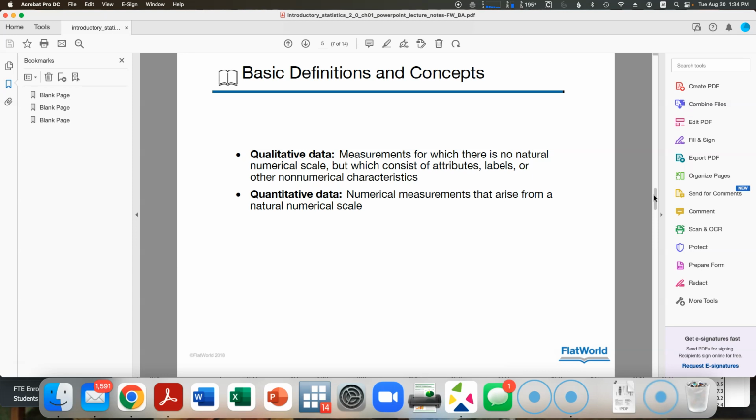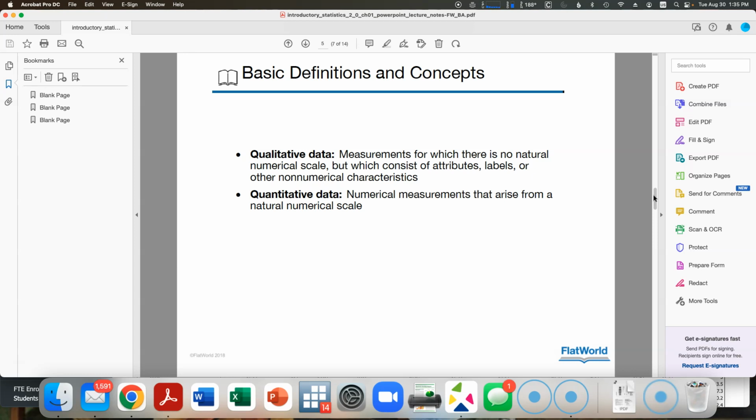Now, when we talk about data, the data itself does not need to be numerical. So, for instance, if we go back to our automobile example, what we could say is we would also perhaps have data about like what's the color, who made the car, is it a sedan, is it a pickup truck, that kind of thing.